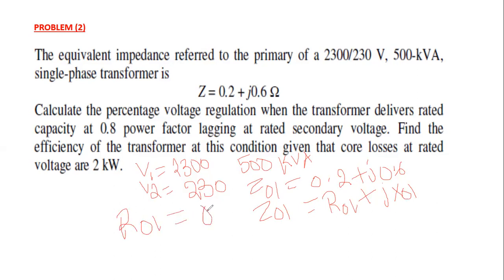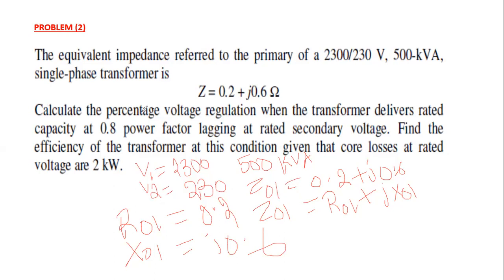That is equal to 0.2. What is meant by R01? That is equivalent resistance referred to primary. Next, what is the value for X01? That is J0.6. This is the R01 and X01.